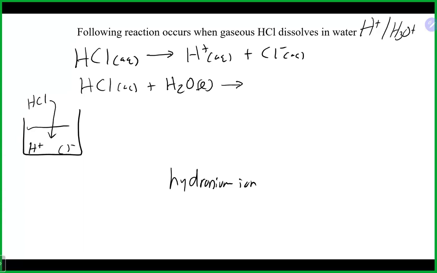But in this situation, we show it in a more Bronsted-Lowry way, where the H plus is coming over, and that is how we generate H3O plus and Cl minus. Both of these equations represent the exact same thing. They both represent just the strong acid breaking apart in water.